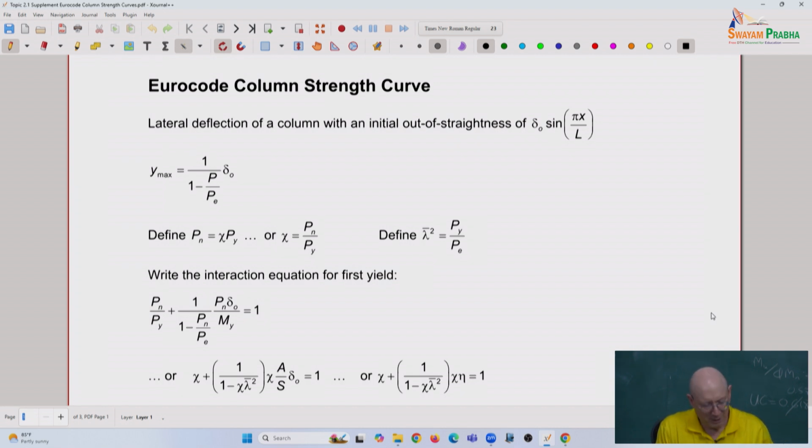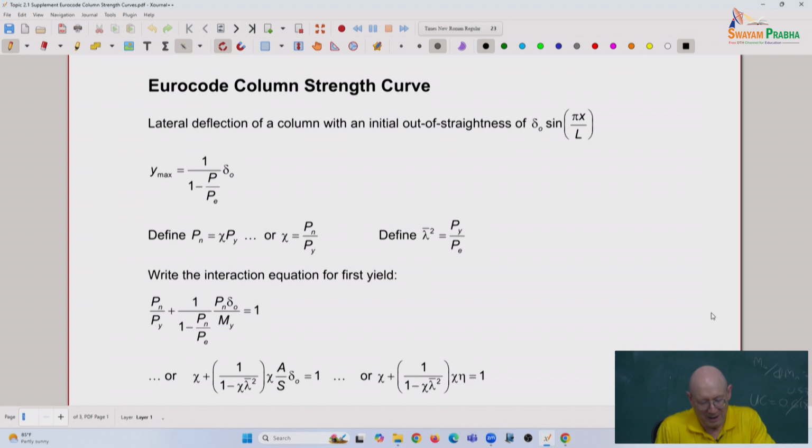So now let's consider writing an equation for when the axial force and the bending moment in an ideal column that has this out-of-straightness, with no residual stress, reach first yield.